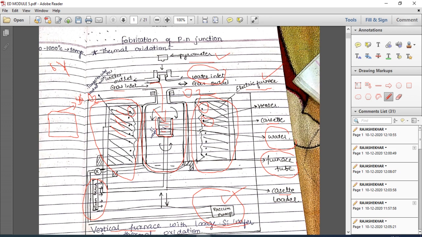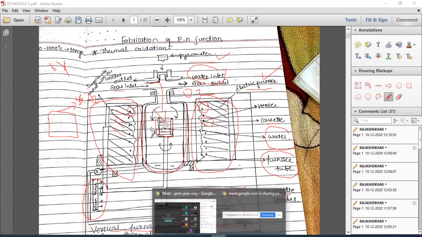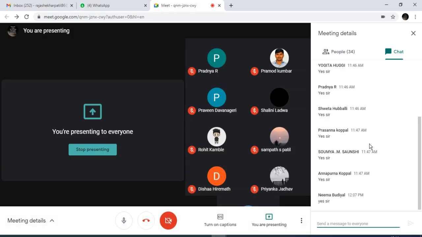If gas, dry oxidation; if water, wet oxidation. Then we get a silicon dioxide layer. So this is about thermal oxidation, which is the first topic for fabrication of the PN junction. Now it is clear for everyone.